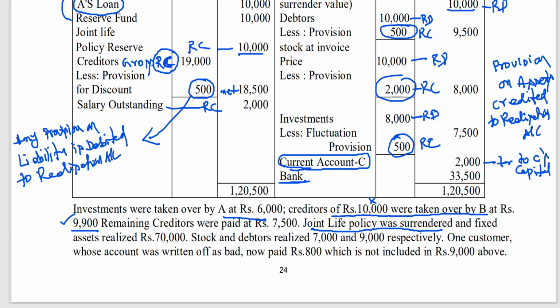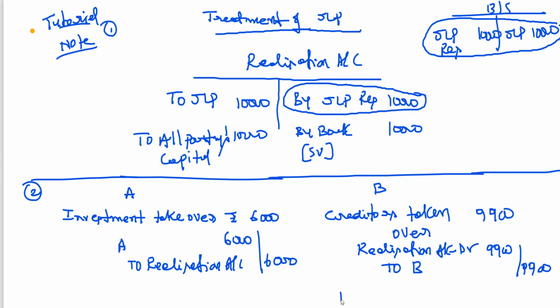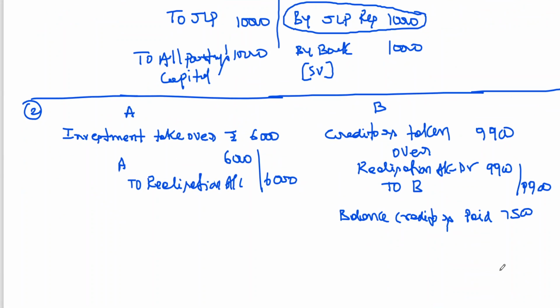So here I am writing balance creditors paid 7,500. What entry do you write? Realization to cash. Since it is the second problem, I'm writing this so that if you have any doubt, you can refer to it later on.